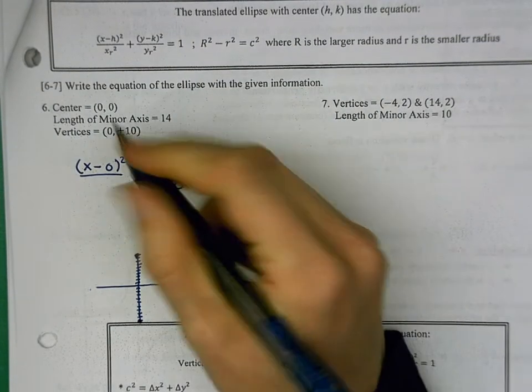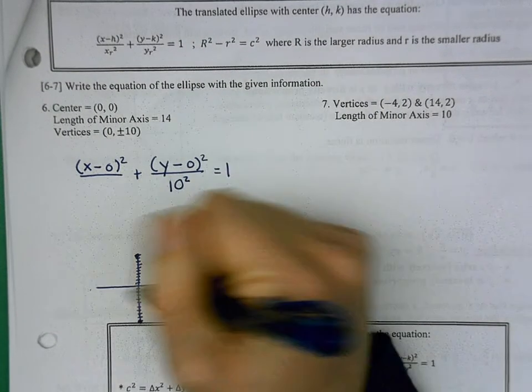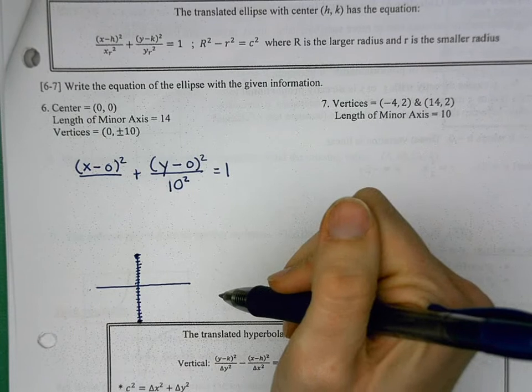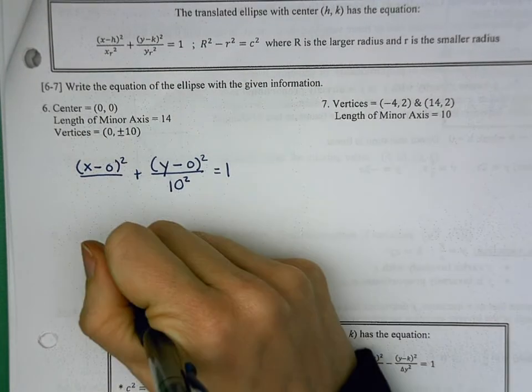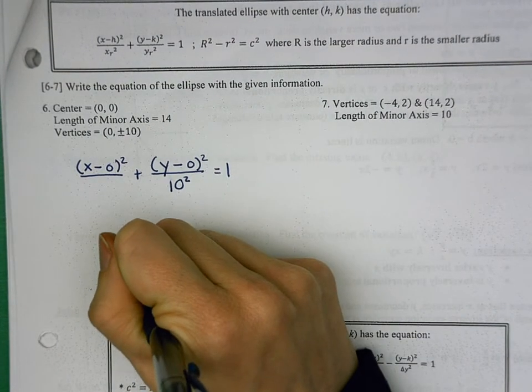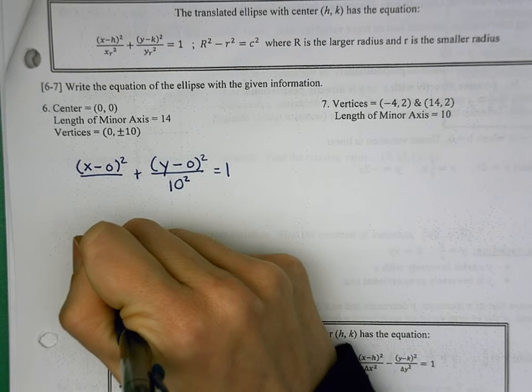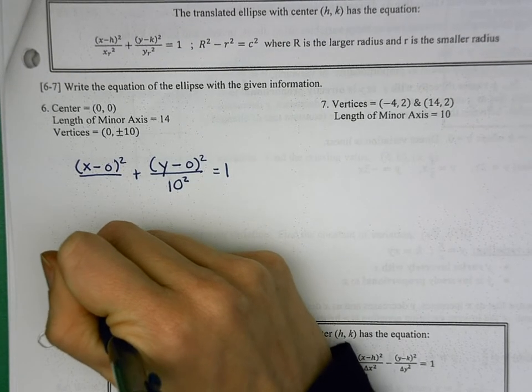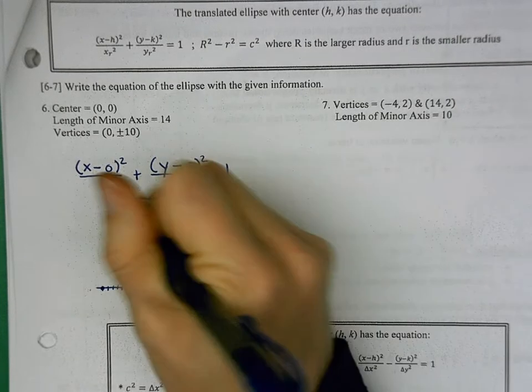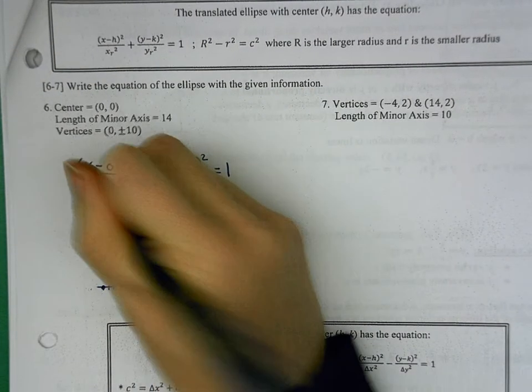Which means my minor axis has to be the 14. That has to be the x piece. And if the entire minor axis is 14, each radius would have to be 7. And so my x radius in this case would be 7.